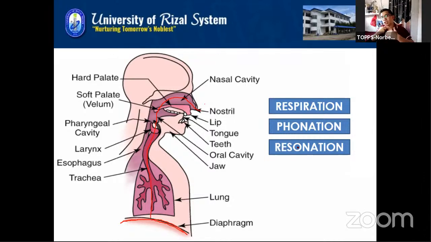So that vibration is already an indicator that the sound is now becoming distinct. So lumalakas na yung sound. So the vibrating sound that you feel on your throat indicates that the sound becomes stronger na. So mas lumalakas na yung sound. Okay?